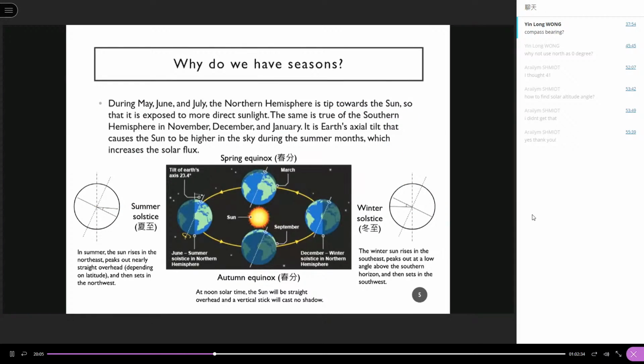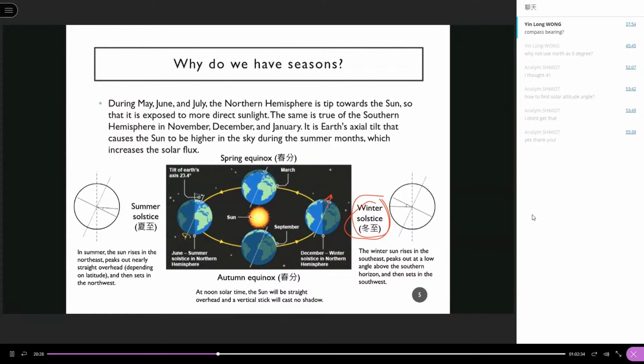So these 4 days are special. On the day where the North Pole is most pointed away from the sun, we call this the winter solstice.